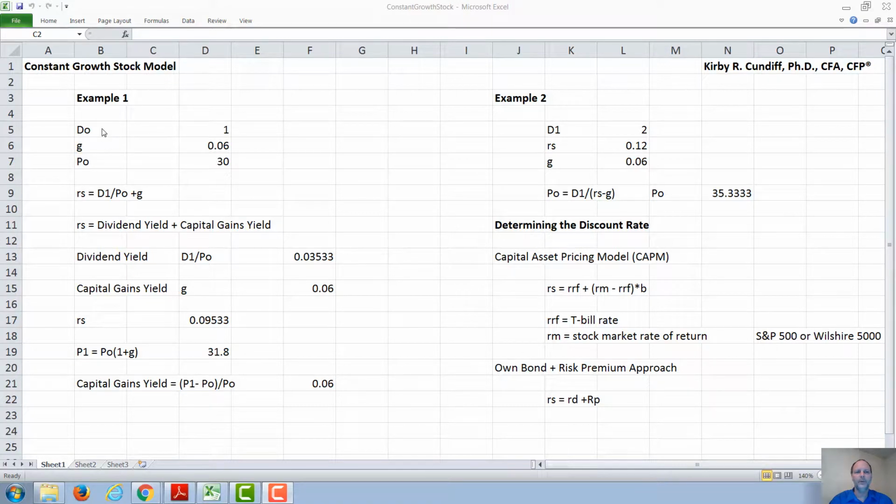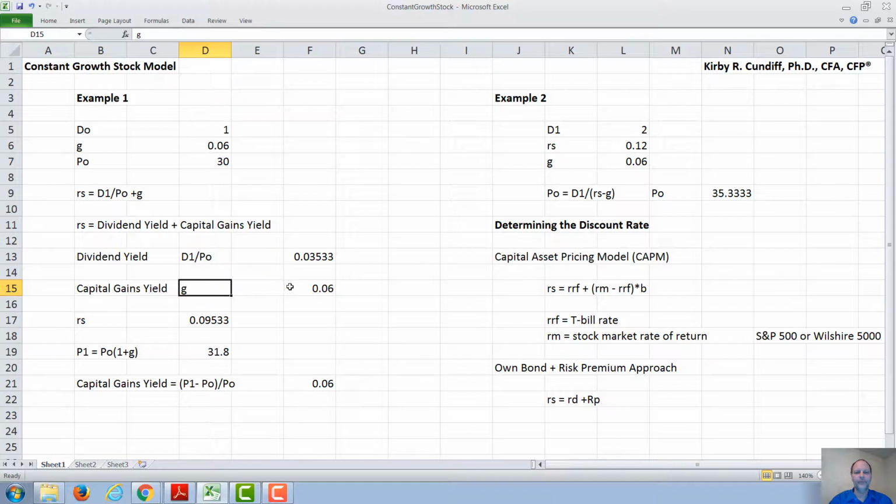For our example, we will consider a stock that just paid a dividend of $1, has a growth rate of 6%, and a current price of $30, in which case the dividend yield, D1 over P0, is going to equal the dividend just paid, $1, times 1.06, divided by 30, or 3.5%.